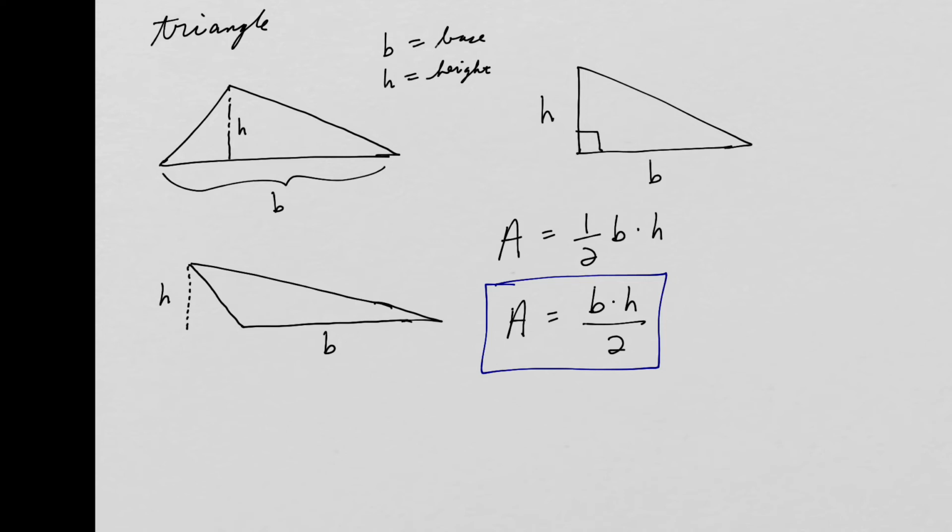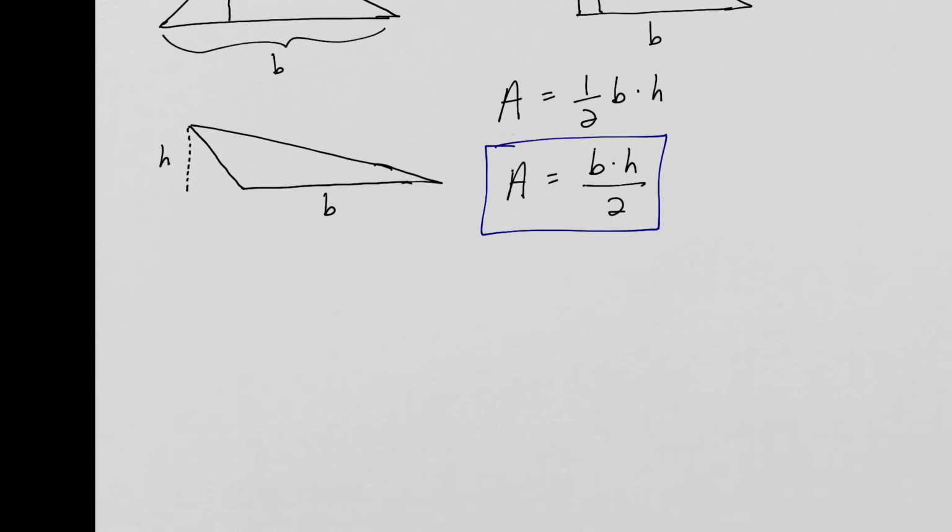Next figure is a parallelogram. This is a figure where the opposite sides are parallel, meaning they never intersect. If you extend them forever, they never cross.